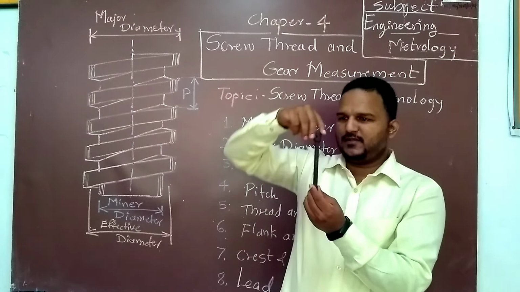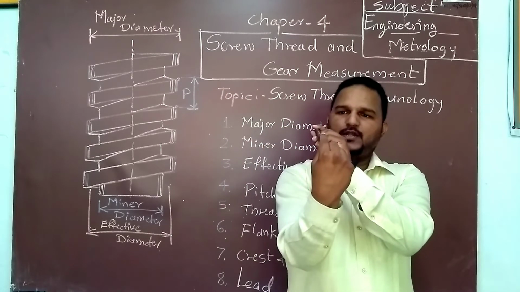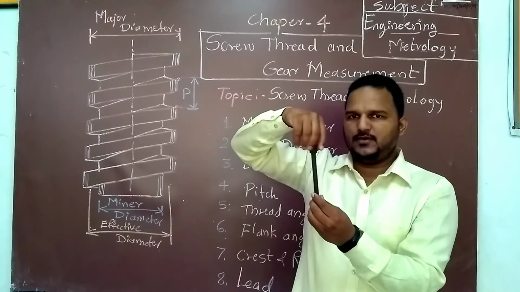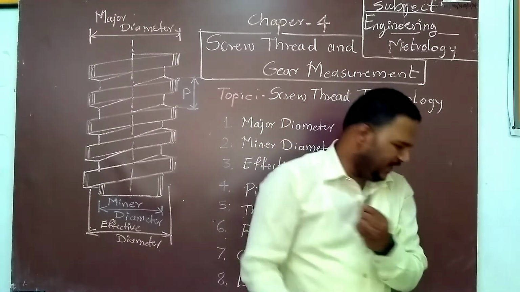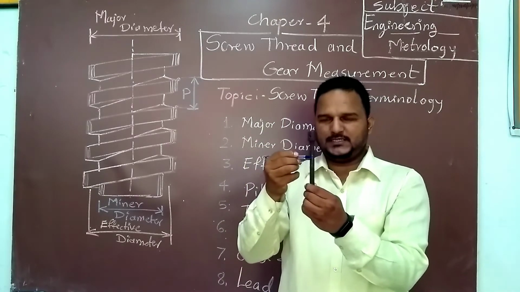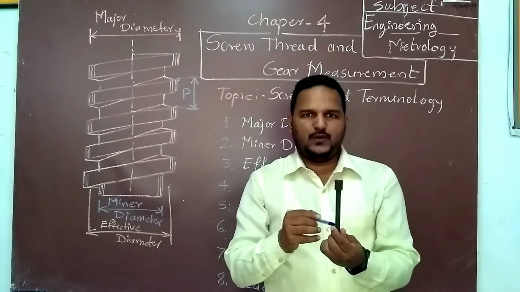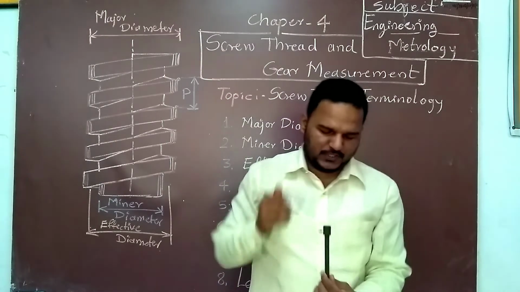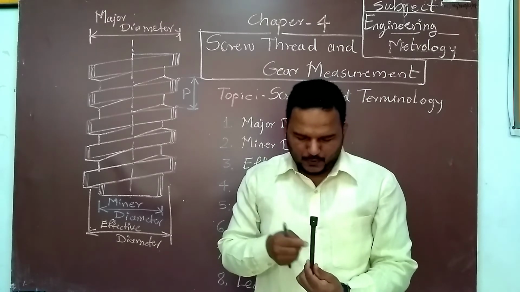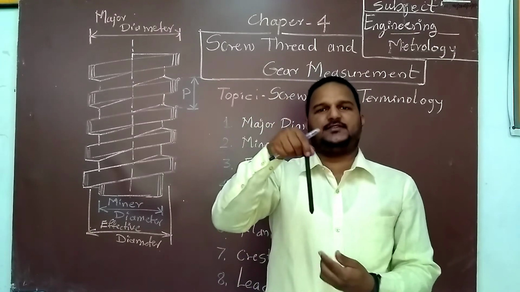Now if I rotate in the clockwise direction, like this one, and if I consider any one point on the axis, during the clockwise direction, if that point moves downward, away from the observer, if I am looking from this direction and rotating it, then it is right hand threads.